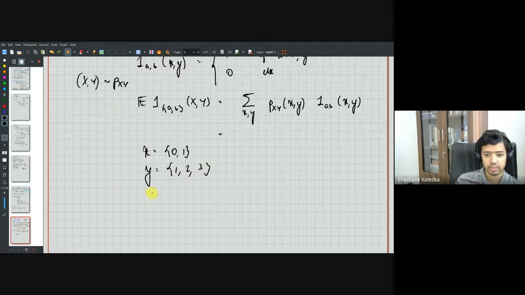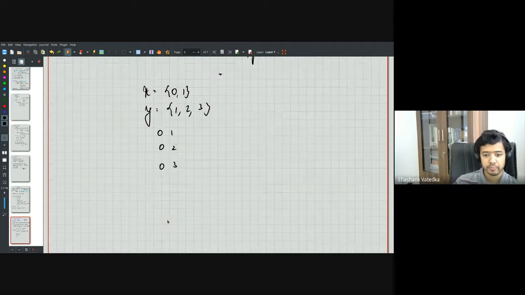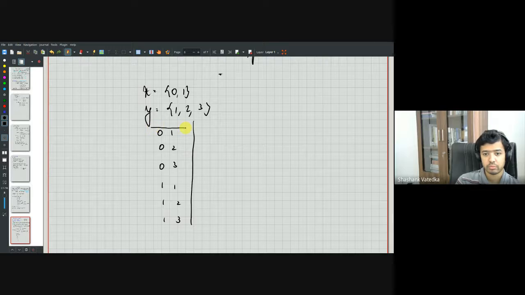These are the values that (X, Y) can take: (0,1), (0,2), (0,3), (1,1), (1,2), (1,3). This is X, this is Y.